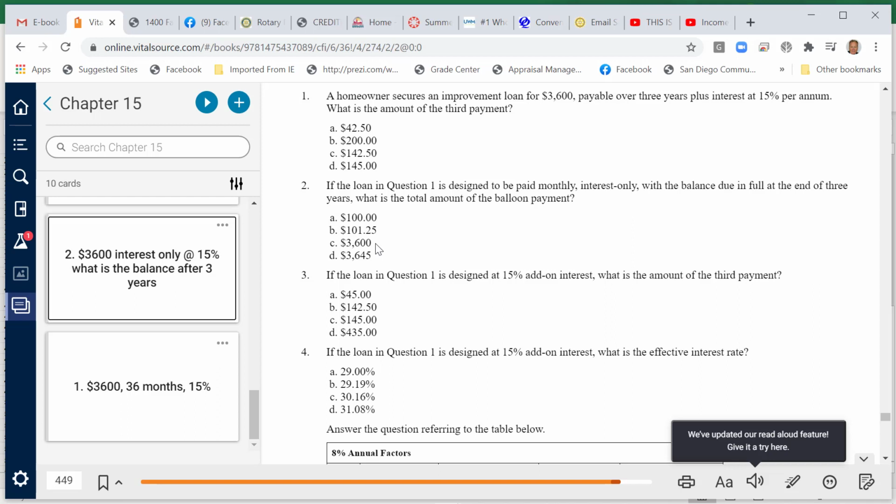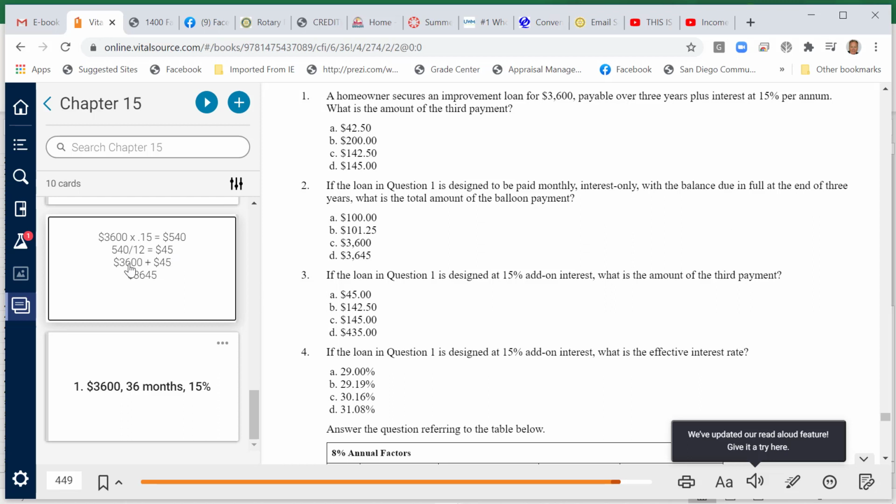But they're making this a little difficult for you. So you know it's $3,600, plus you're always paying interest in arrears. So you're going to have 1 month where you owe the interest plus the $3,600. So what you'd want to do is find out what your interest is per month. So I've got $3,600 times 15% is $540, divided by 12 is $45 a month.